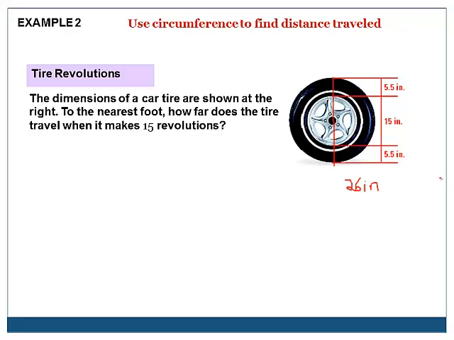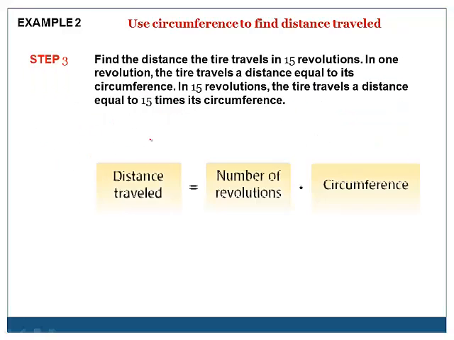So if we have 26 inches as the diameter, you set it into the circumference formula. Circumference is equal to 26, which is my diameter, times pi. You can do that in the calculator, and you should get roughly around 81.68 here.